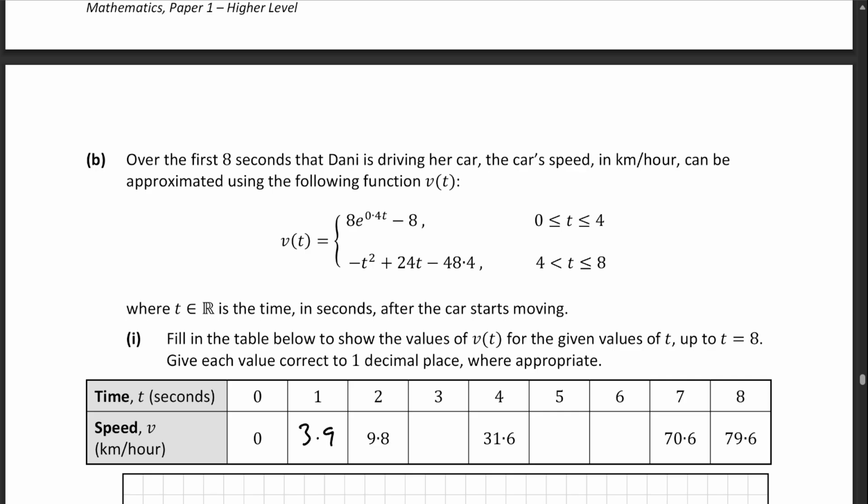Then for 3, it's 18.6. Okay, that's fine. And then for the other two, we'll have negative t squared plus 24t minus 48.4. I've already put 5 into there, so that's 46.6. And then at t equal to 6, that gives us 59.6.